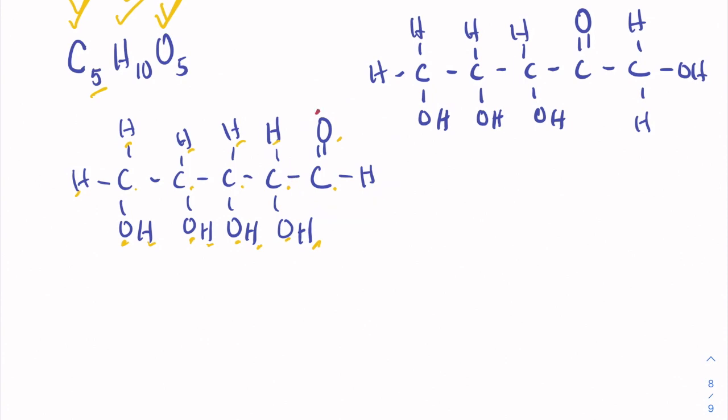This oxygen here is kind of an electron hog, and it pulls the electrons from these bonds a little closer to it. And that makes this hydrogen here a little loosey-goosey.